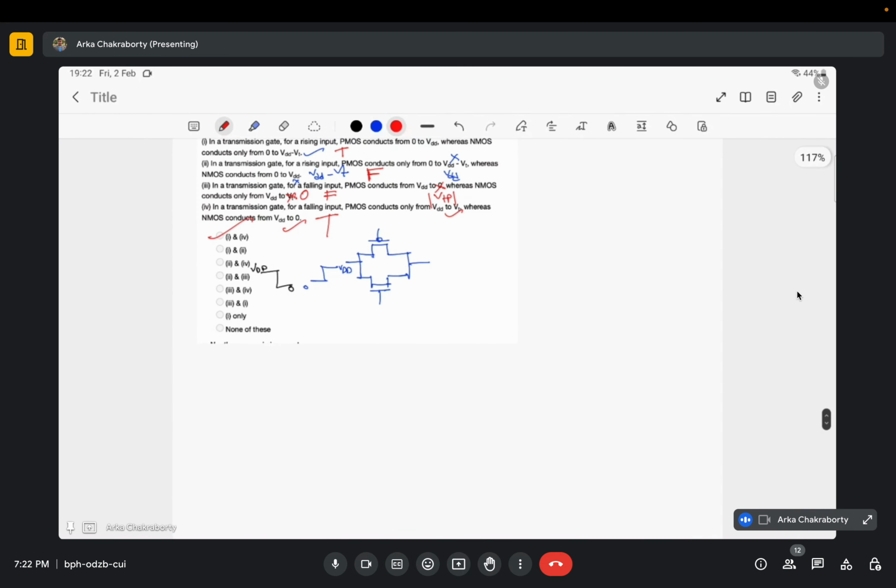Now as we have more than 35 minutes left, I will be talking quickly about some interesting points. First of all, let's start with the transmission gate. So basically this is our transmission gate.